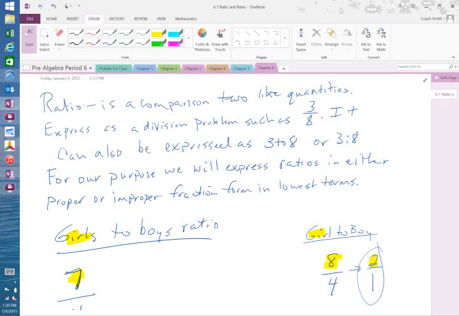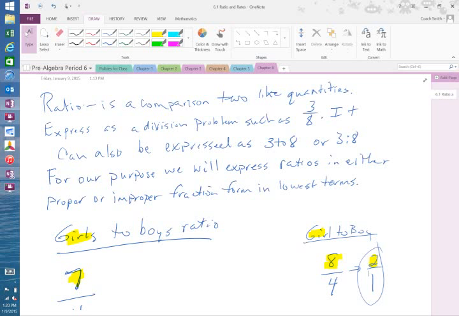Obviously, boys and girls are not the same, but it is something that has a relationship. When you're dealing with ratios, you don't deal with things, for example, miles and hours. Miles is distance, hours is time. You don't deal with those type. It's only those that have similar quantities or similar ways that we can classify or categorize them.